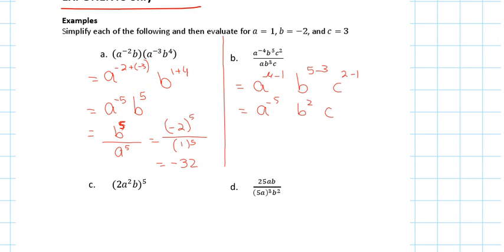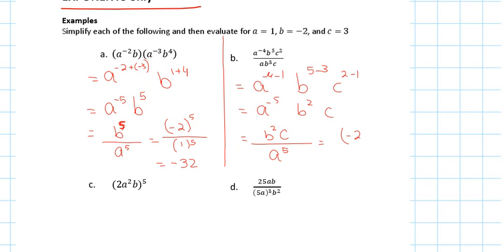Okay, if you want to write it as positive exponent, what would you do? Take A to denominator. B squared C over A. So the b and the c stays in the numerator. You bring the a to the denominator, and that will be a to the power of positive 5. And now I can plug in my numbers. B is negative 2.